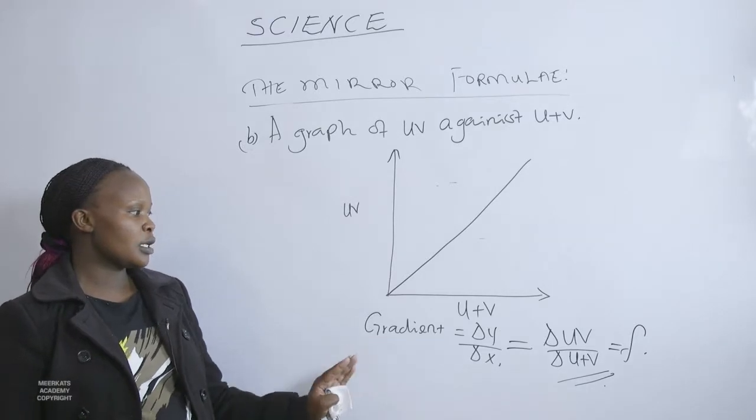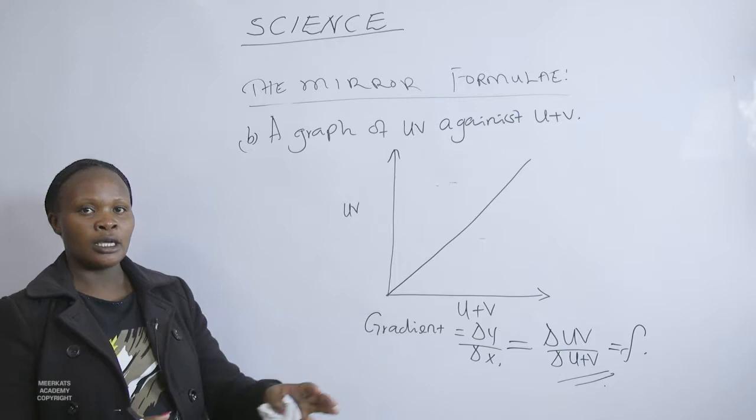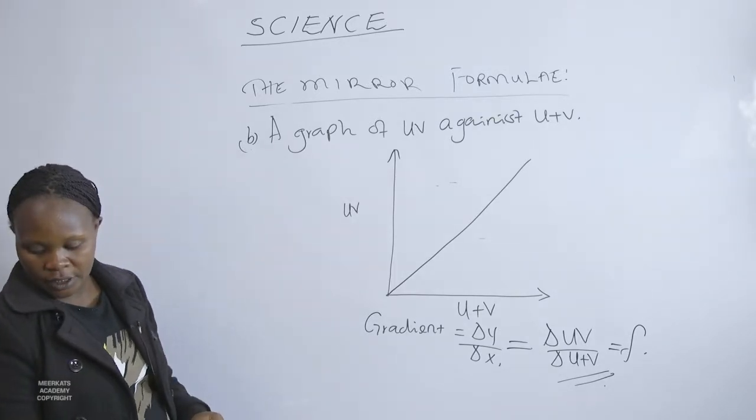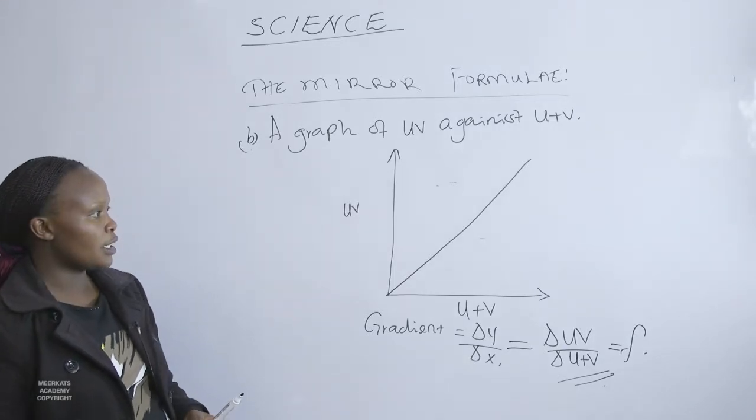It gives a straight line through the origin, and the gradient is actually the focal length.